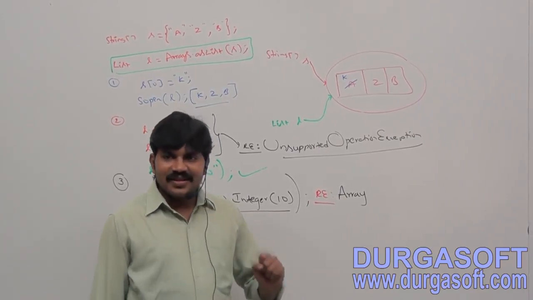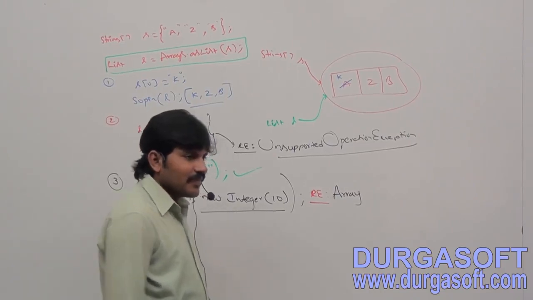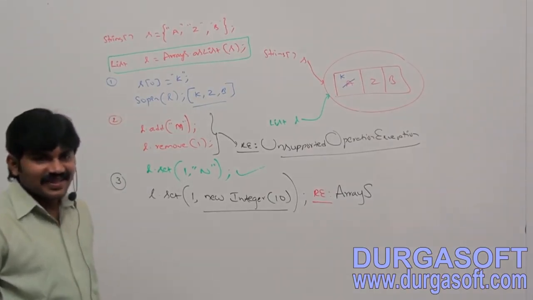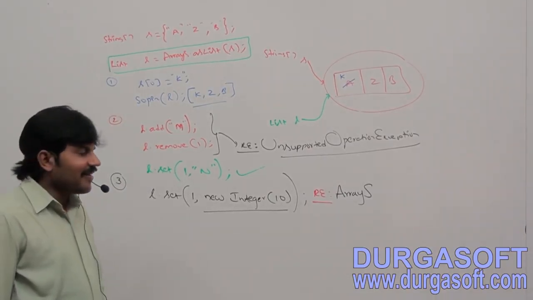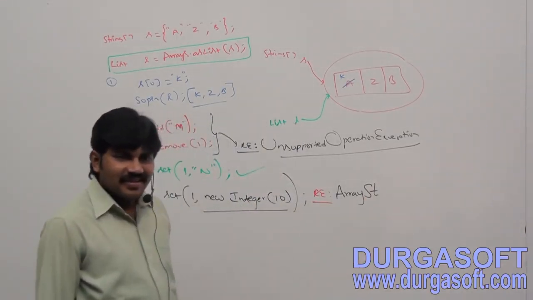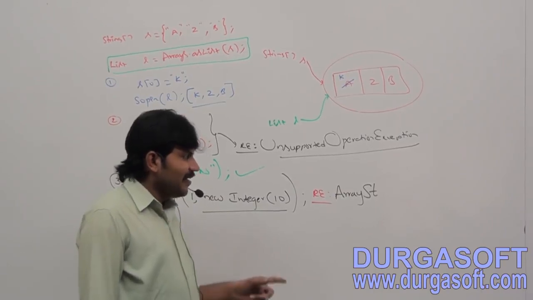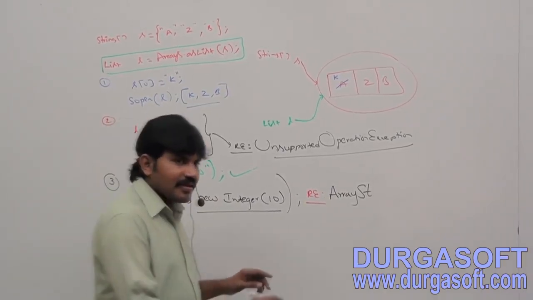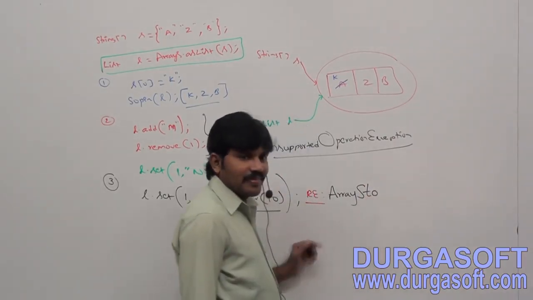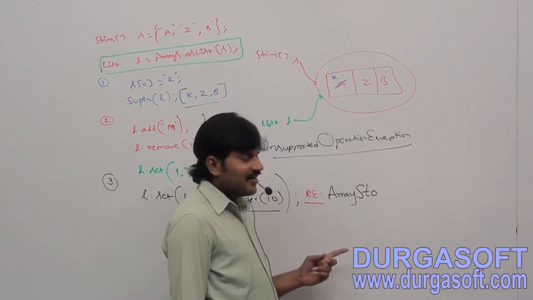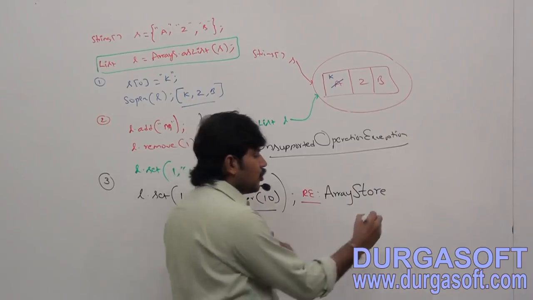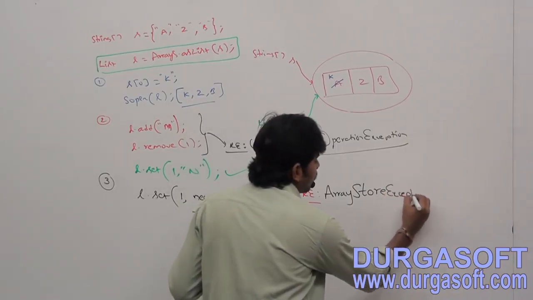ASE, what is that? E means exception, at the end. Array store exception.